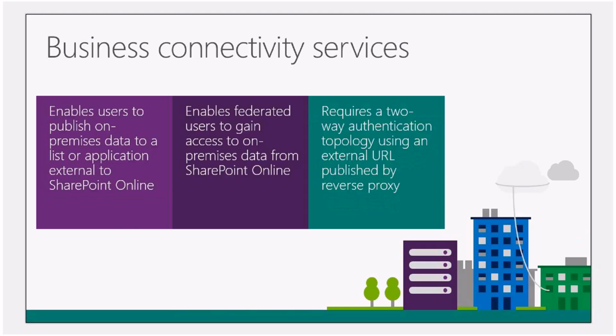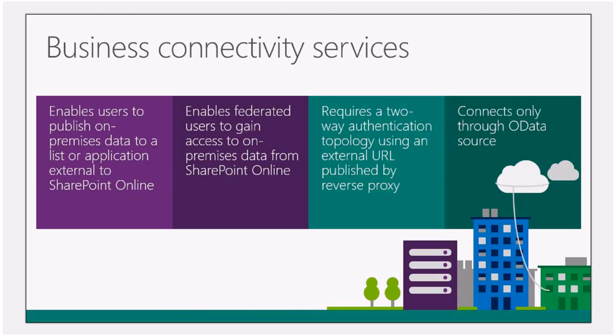It requires two-way authentication topology, either using a URL published by the reverse proxy, or, not recommended, but optionally, you could also publish your existing investment directly to the internet. The requirement here is that it only connects through an OData data source.